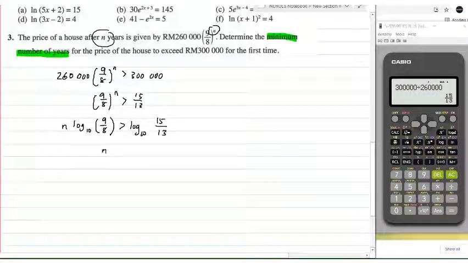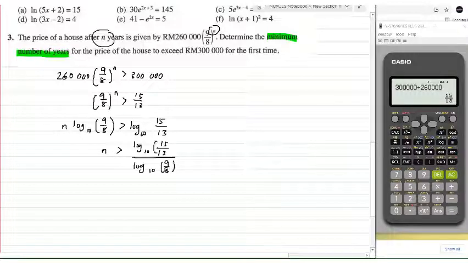Now we put n only on the left side. Then log 10, 15/13 divide by log 10, 9/8. So we put here log 15/13 divide log 9/8 bracket. Okay, and more than.